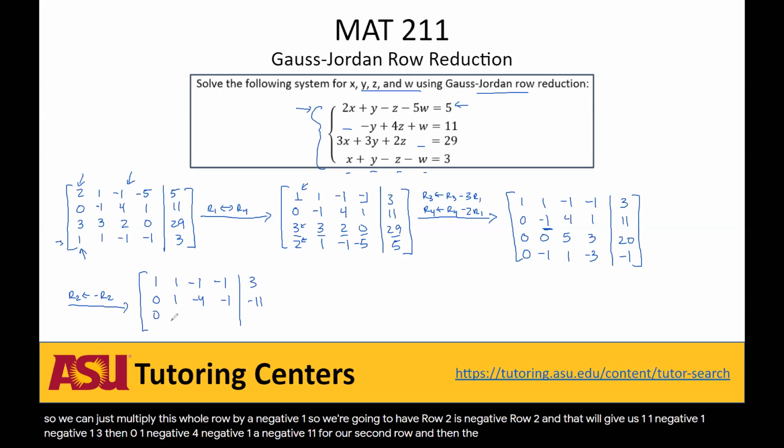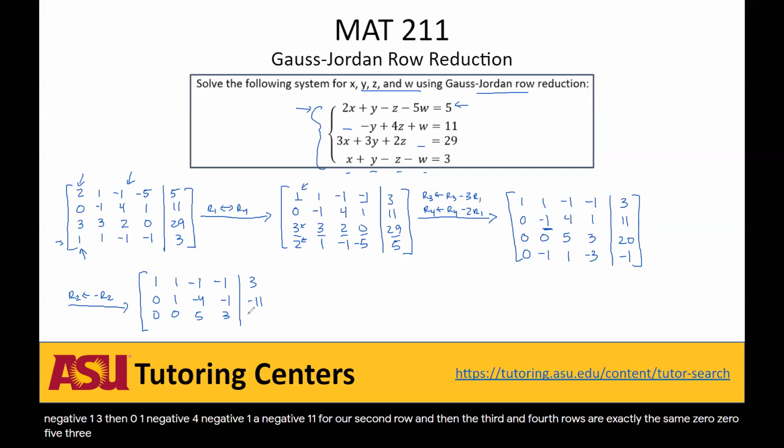And then the third and fourth rows are exactly the same: 0, 0, 5, 3, 20, and 0, negative 1, 1, negative 3, and negative 1. Great.